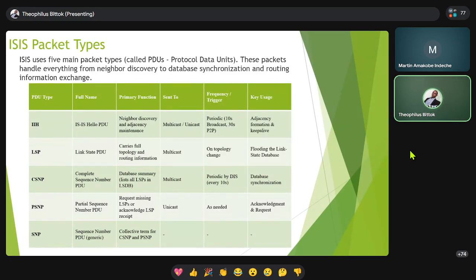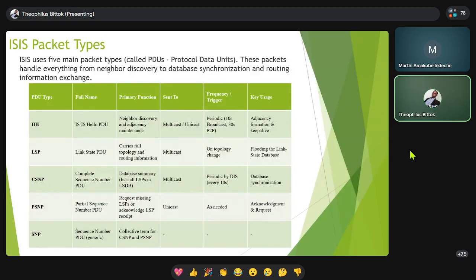It's just like a summary of the LSPs. In a library we have many books, but the CSNP is like the library catalog. It's going to list, okay, these are the books that we have in this library, maybe this book is on this shelf, just giving you that direction. It's just like a summary.